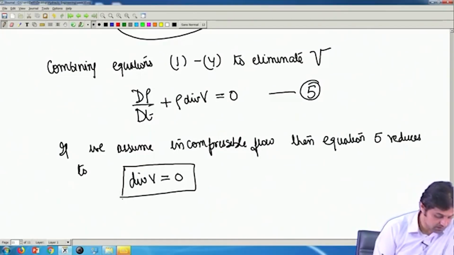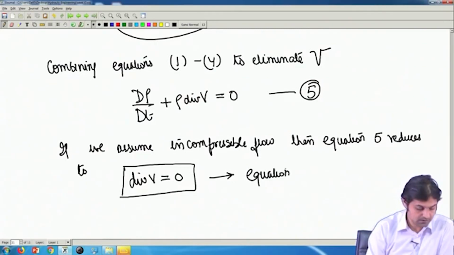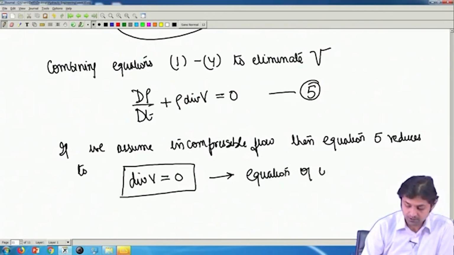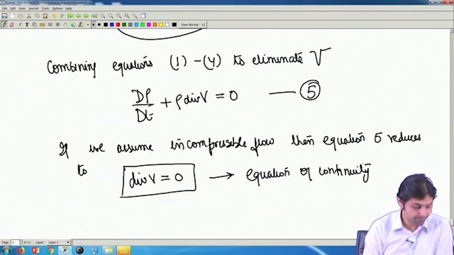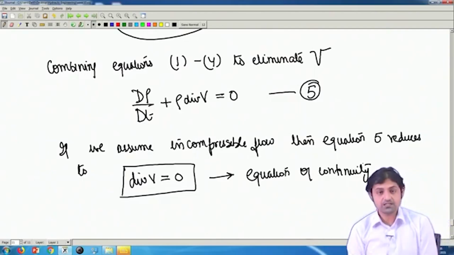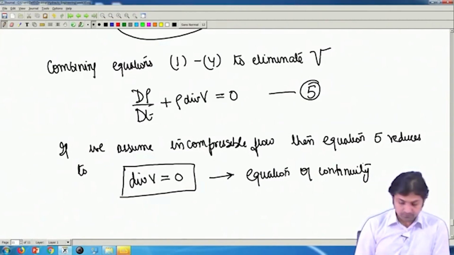All right, and this is nothing but the equation of continuity. Very good.